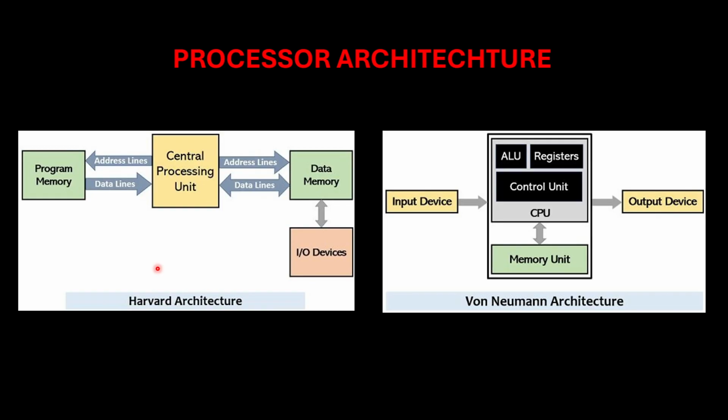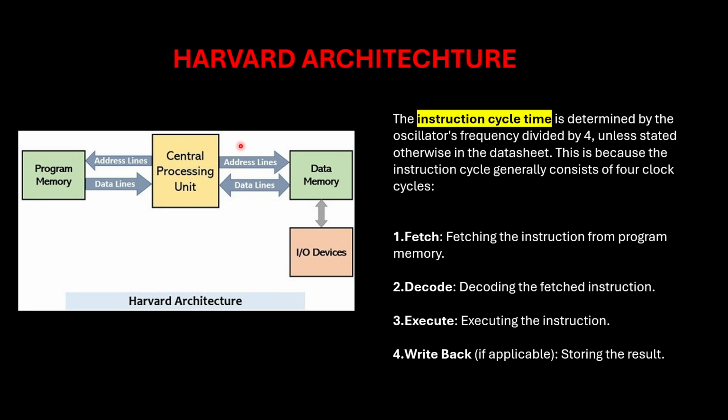So now that we know that our microcontroller works with this specific architecture, we can go to determine the instruction cycle time, okay? And it is determined by the oscillator's frequency divided by 4 unless stated otherwise in the datasheet. This is because the instruction cycle generally consists of 4 clock cycles.